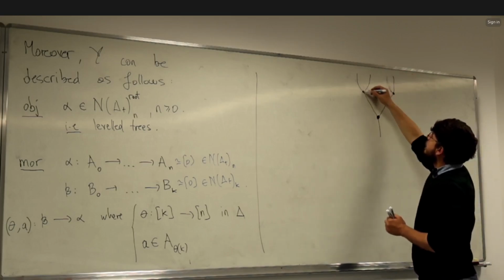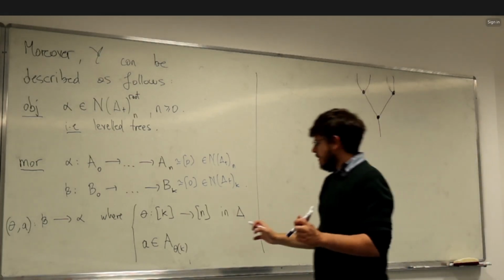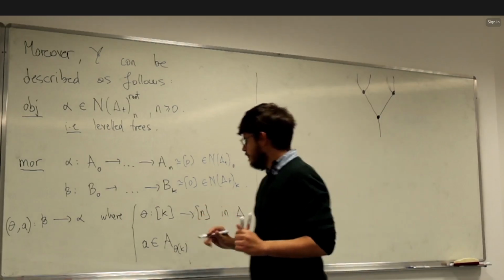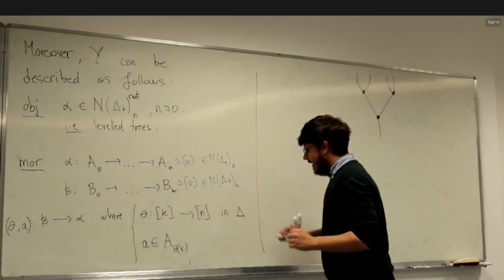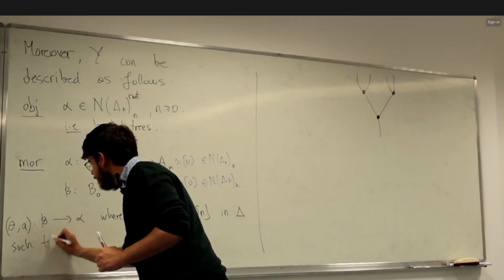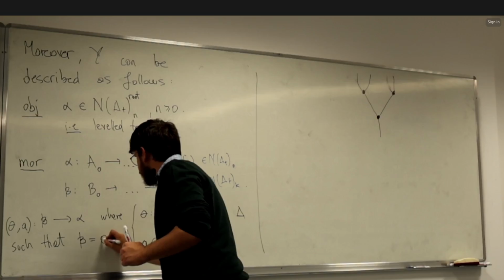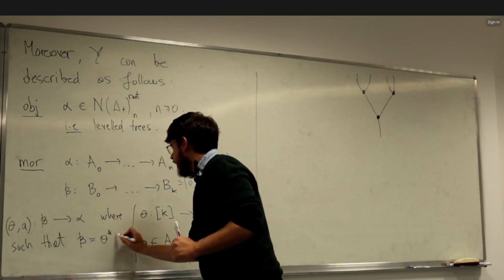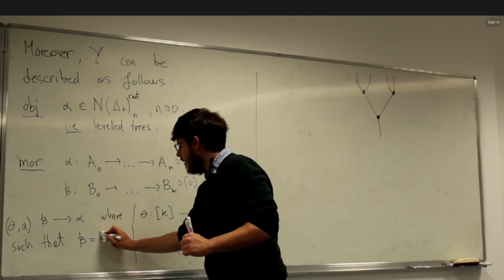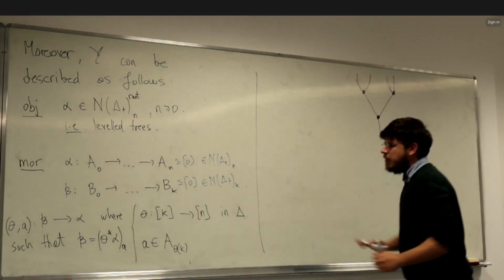Ah, okay, sorry. Yes, such that. Beta is, you apply theta to alpha and then restrict to A. So let me explain what this is.